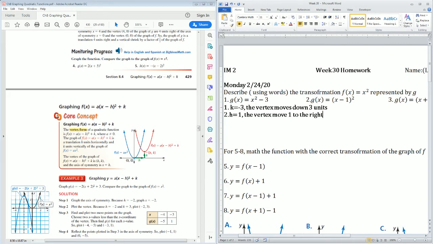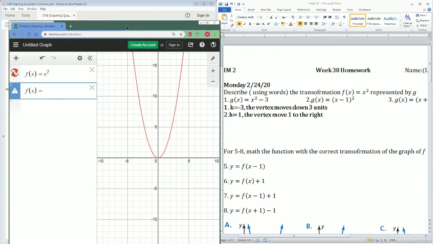Don't believe me? Let's put it in Desmos. The original was x squared. The new one is x minus 1, close the parentheses, to the power of 2. So notice it is moved to the right one.